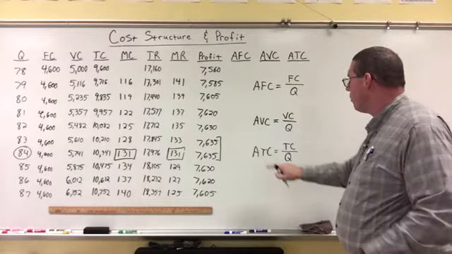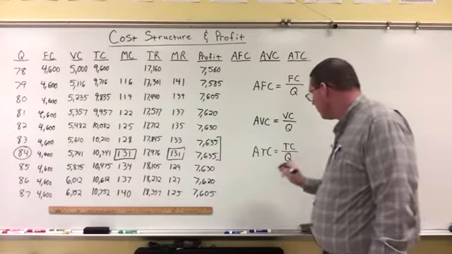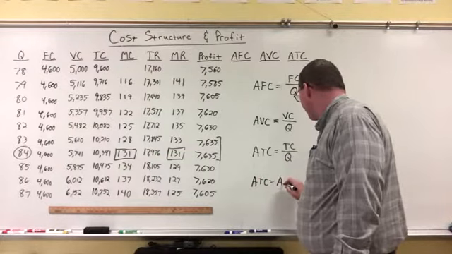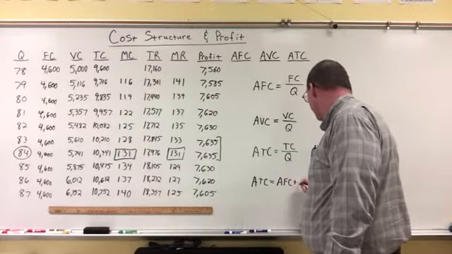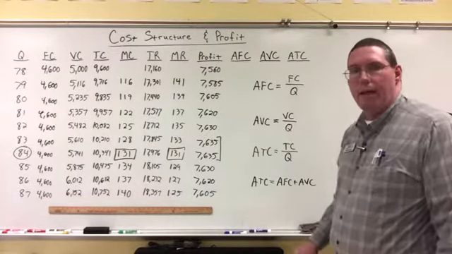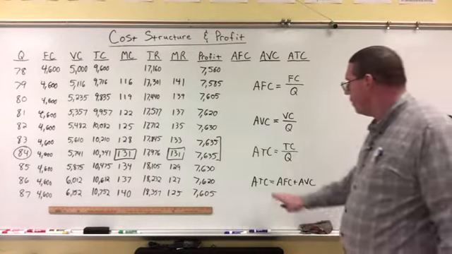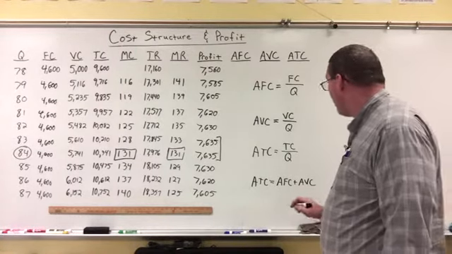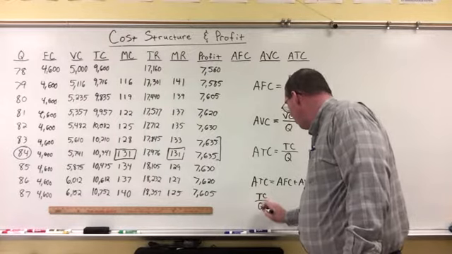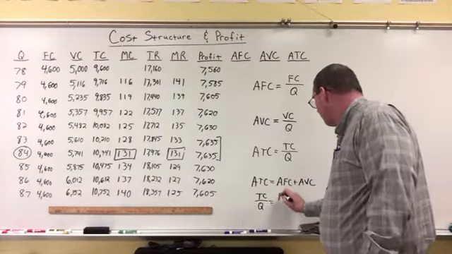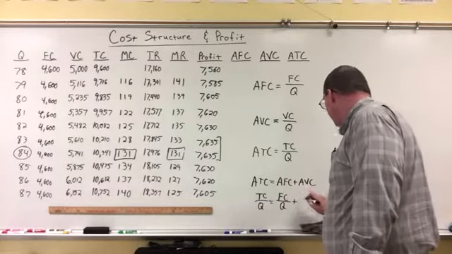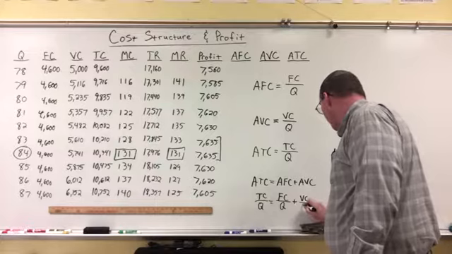Now I have one more formula for average total cost. Average total cost is also equal to average fixed cost plus average variable cost. If you were to add the average fixed cost and the average variable cost together, that would give you the average total cost. And I'll show you why that works. Average total cost is total cost divided by quantity, which equals fixed cost divided by quantity plus variable cost divided by quantity.